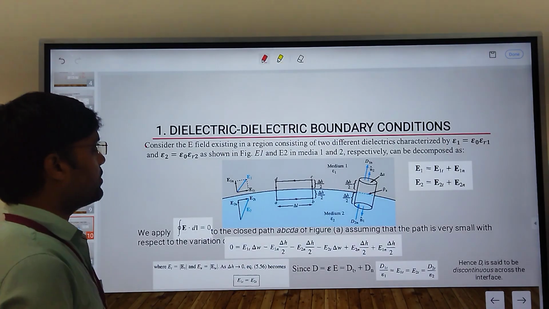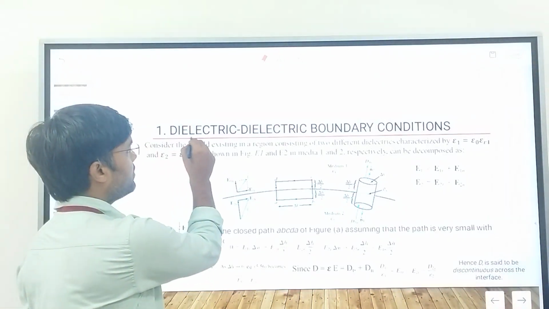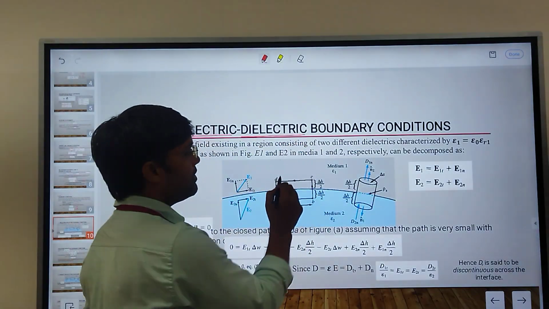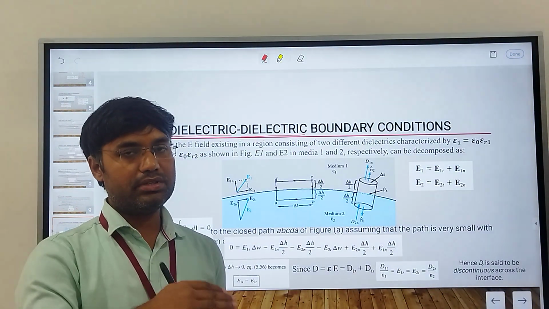The first boundary condition is when two different dielectric mediums are placed around the boundary.